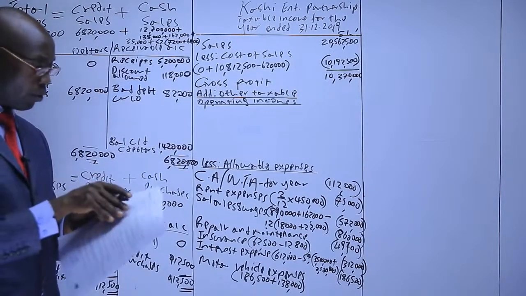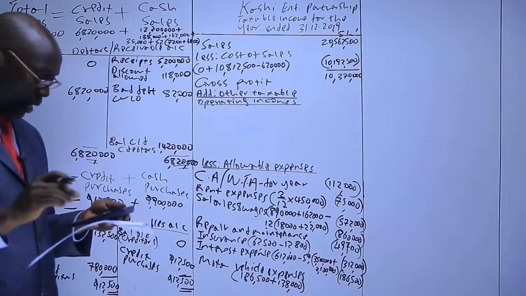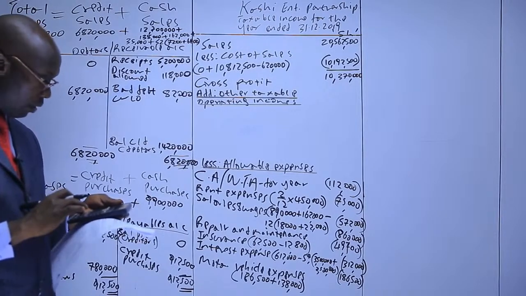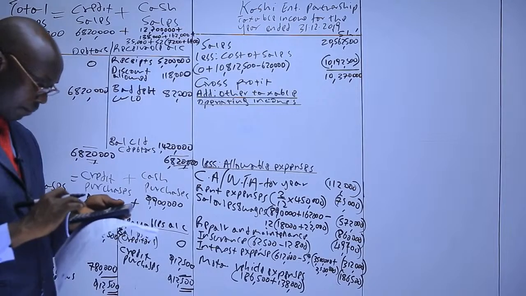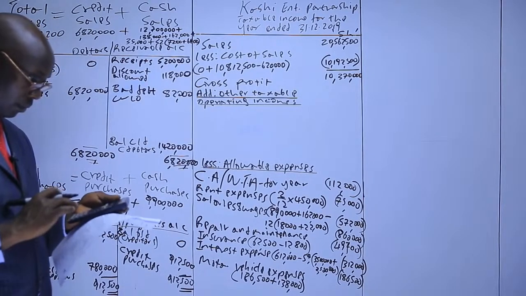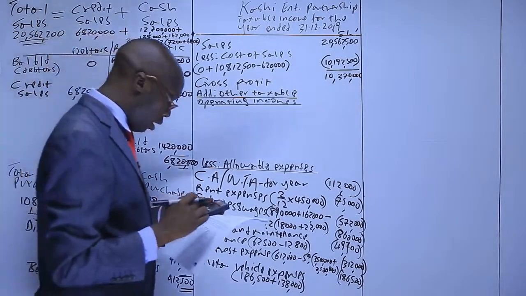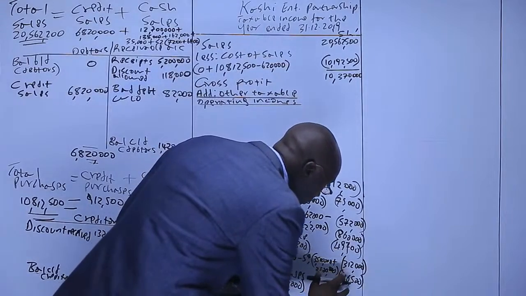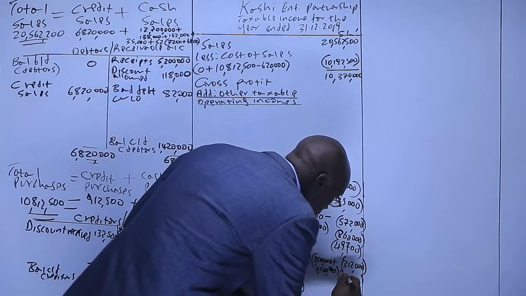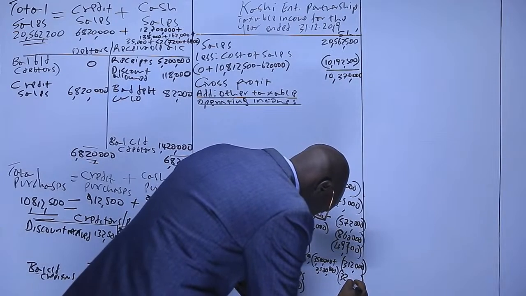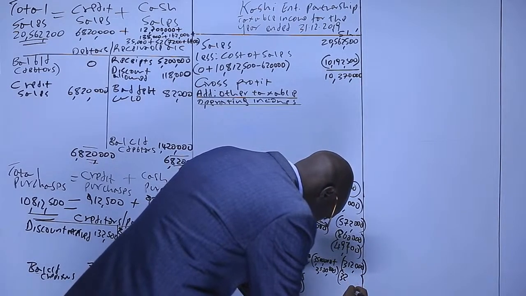Then we do the computation: 186,500 plus 138,000, which gives us 245,100.